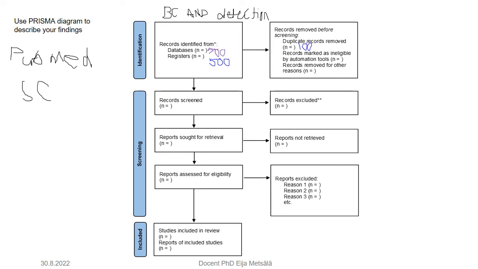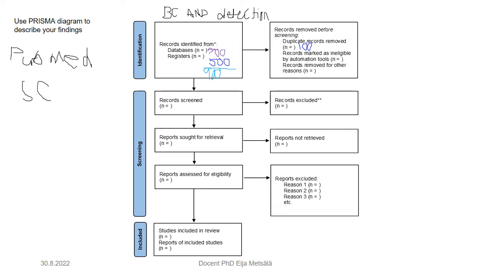We leave them only once into the search process. That leaves us 900 articles in total after removing duplicates.